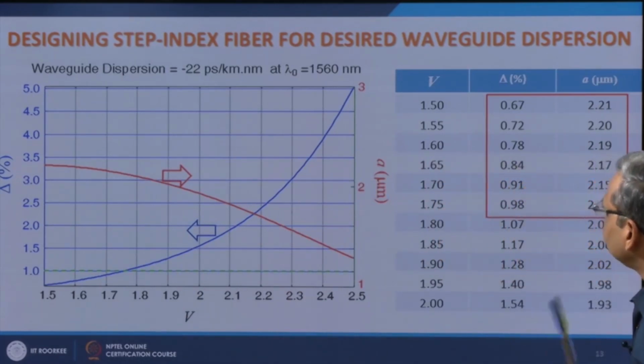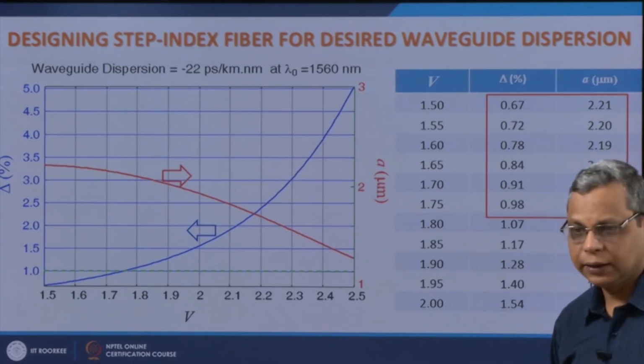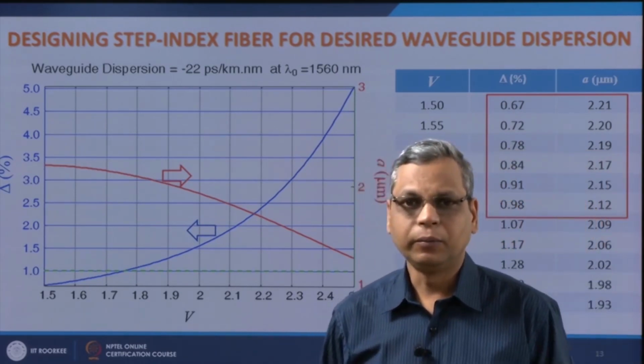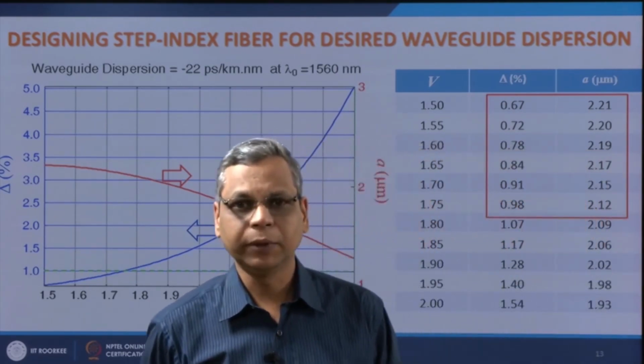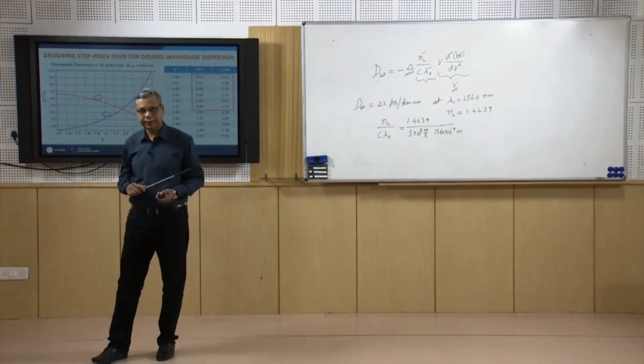So, what I see is that if I vary delta, I would like to keep delta less than 1%. I would not like to have a very large value of delta, because if I increase delta, then attenuation in the fiber increases.